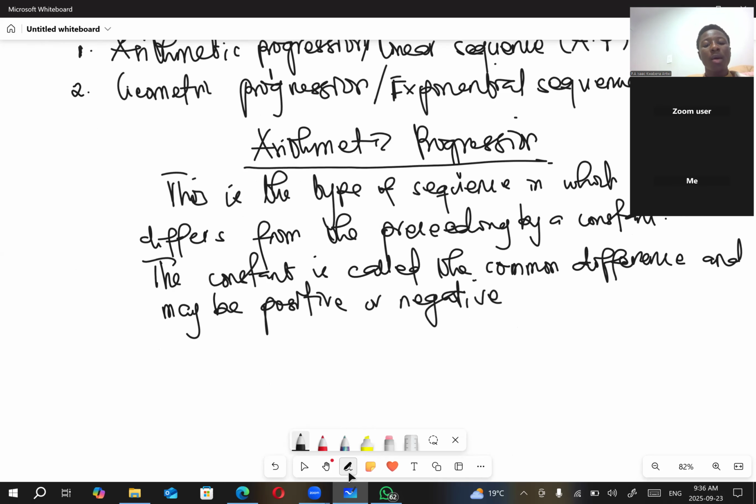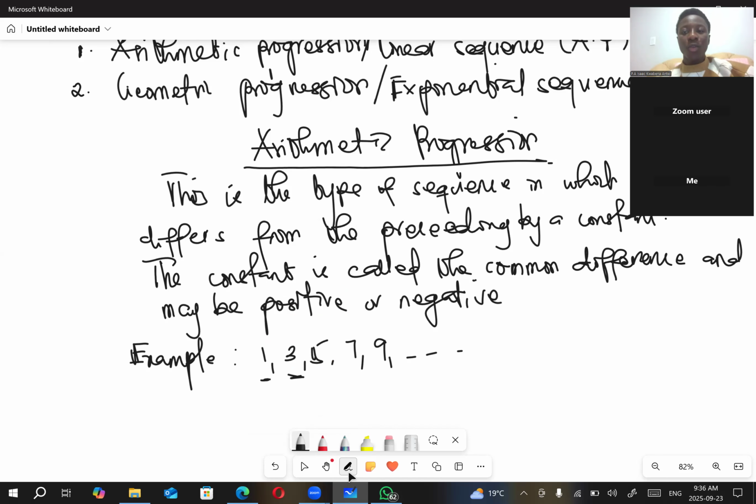So, this is an example. What we wrote earlier: 1, 3, 5, 7, 9, right? So, when we say preceding term, that's what comes before. If you take 3, what precedes 3? That's 1. 1 came before 3, right?